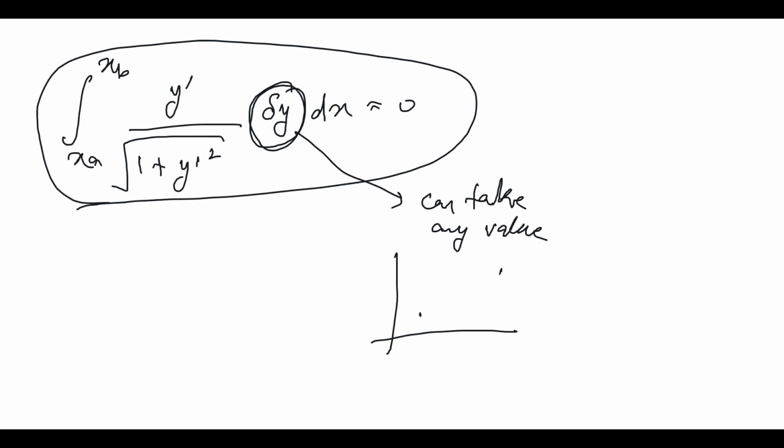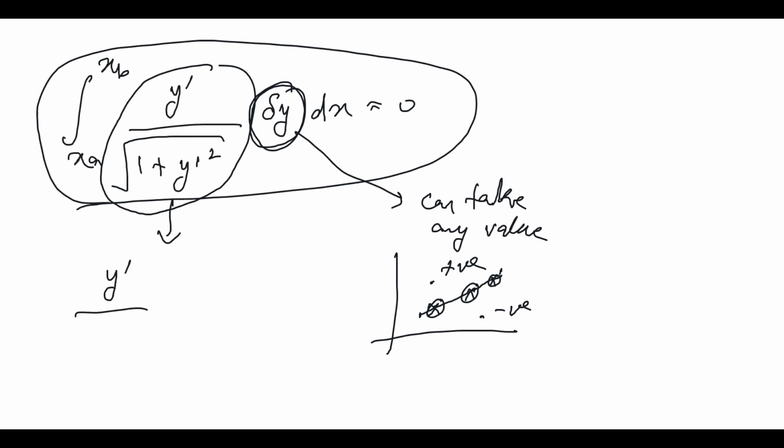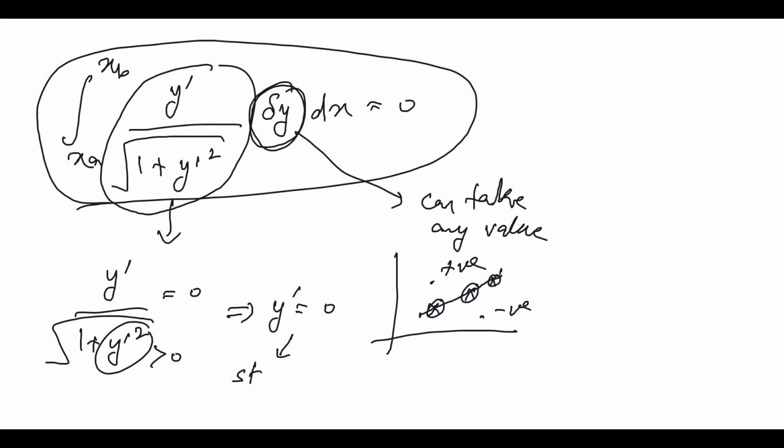As we saw between these 2 points, at some points it can take a value of 0, at some points it will be positive, at some points it will be negative. Right? So how do I ensure that I set the whole integral to be 0? The only way is that I set this term to 0. Right? Now since the square root of 1 plus y prime squared is positive, I get the equation y prime equal to 0, which is nothing but the equation of a straight line. Right? Pretty cool, right?